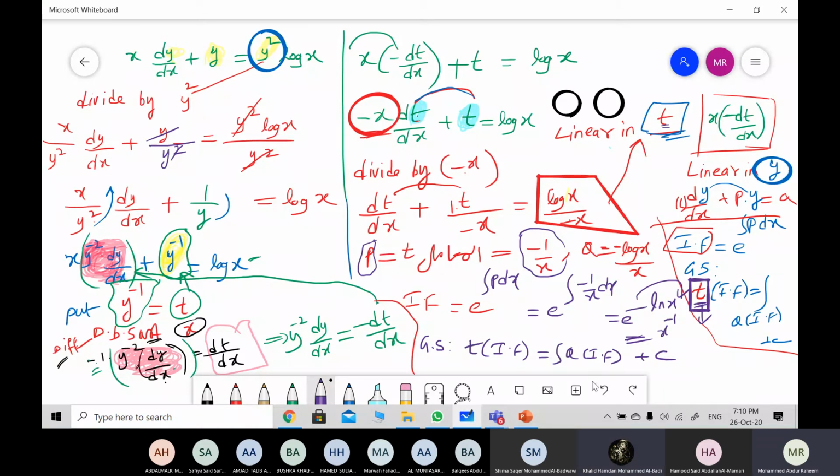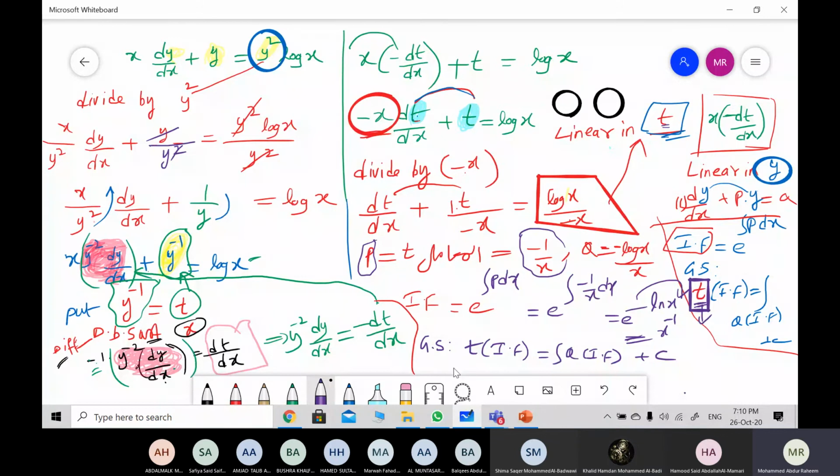Like that, and this is easy. After this, you know how to do that. But in the last step, we need to change back to the T. How much is T actually? T is y power minus 1. That we write here in the last step.